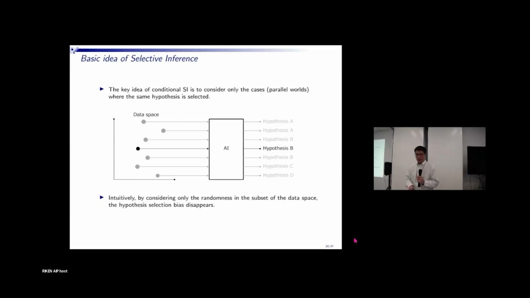But in selective inference, we focus on the set of images where the same hypothesis is selected. That means we don't consider the entire data space. We only consider the subset of the data space from which the data point generates the same hypothesis. By doing that, we can remove the selection bias and multiple comparison issue, even when the number of hypotheses is 2 to the power of the number of pixels.